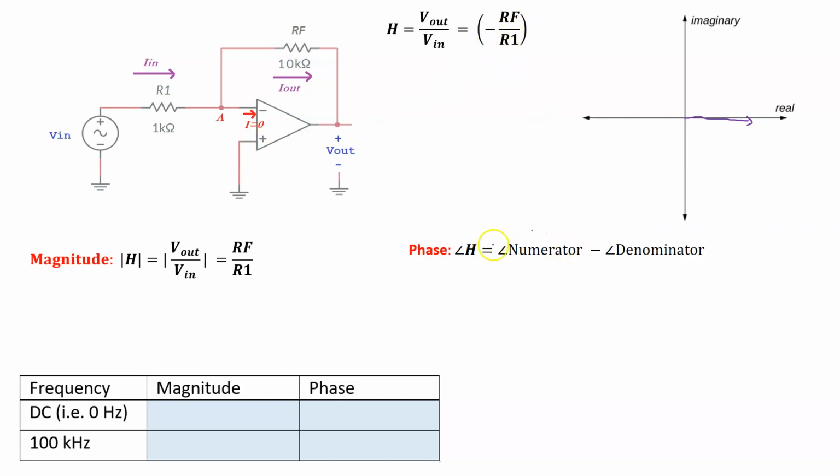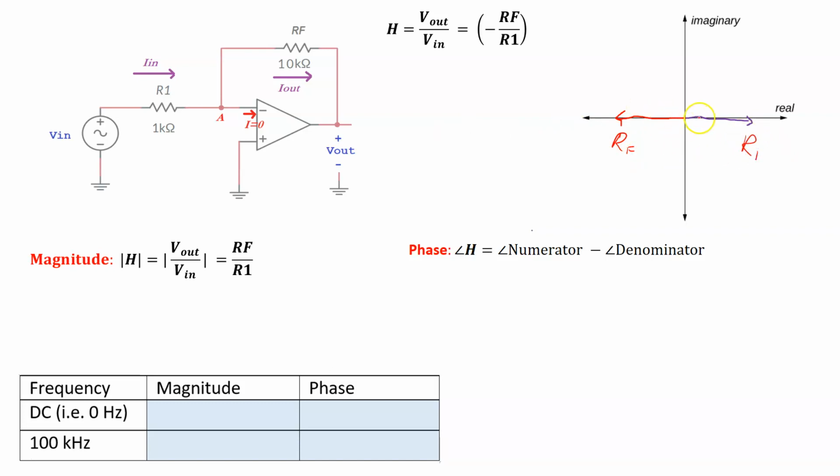Now, angle of the numerator. Well, let's say the numerator is minus RF. What does that say? That basically says that RF is right here. So this is RF drawn with the red ink, right? And this with the purple ink is R1.